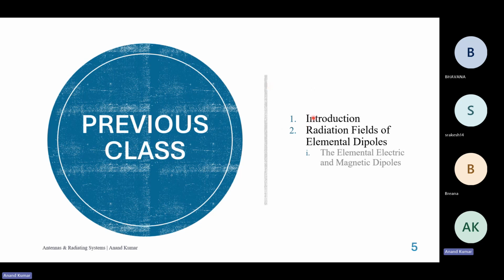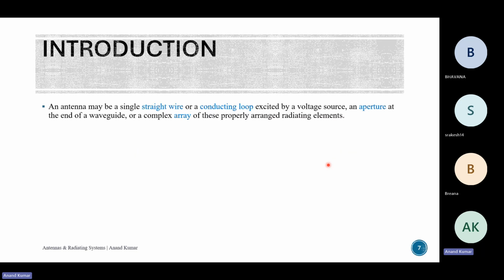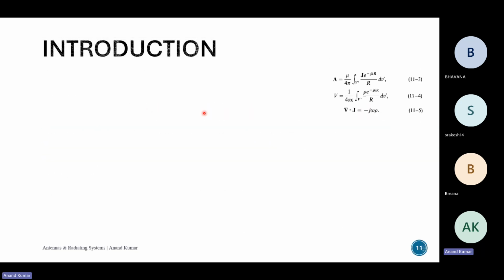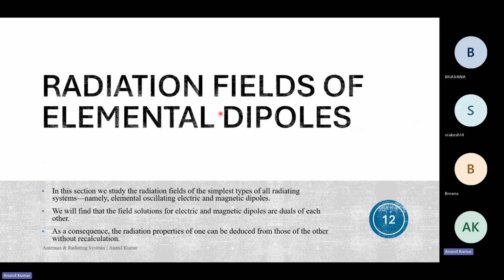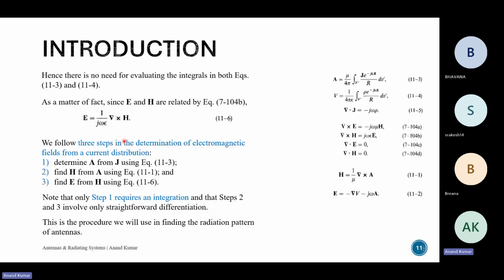In the previous class, we looked at the introduction and the elemental dipoles. We went through quite a lot of topics. We looked at the auxiliary potentials, the electric field, the relationship between electric field and magnetic field, and how we'll solve them. This was the crux: we determine the auxiliary potential A from the current density J, then find the magnetic field from the auxiliary potential A, and then the electric field from the magnetic field.